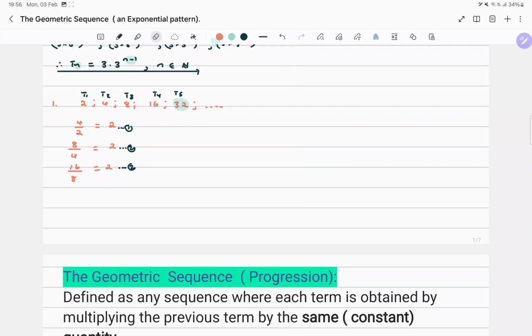Okay, let's take this one out of there. I just wanted to write it here. 32 over 16 gave us 2. So we said that was the second equation, third equation, fourth equation.